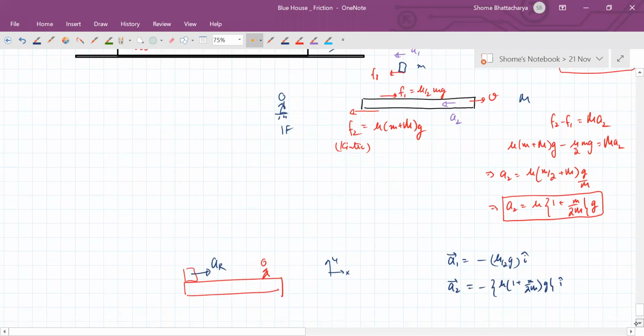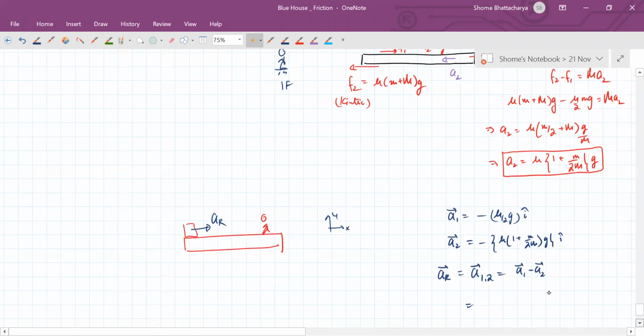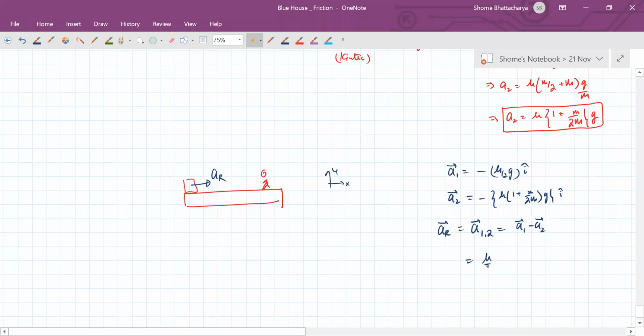So the acceleration of block 1 with respect to block 2, that will be this minus this. So when you work this out, this will come out to be a positive quantity, and it will come out to be mu by 2g into 1 plus m by M. This kind of term you will get. Okay. So this is your relative acceleration.